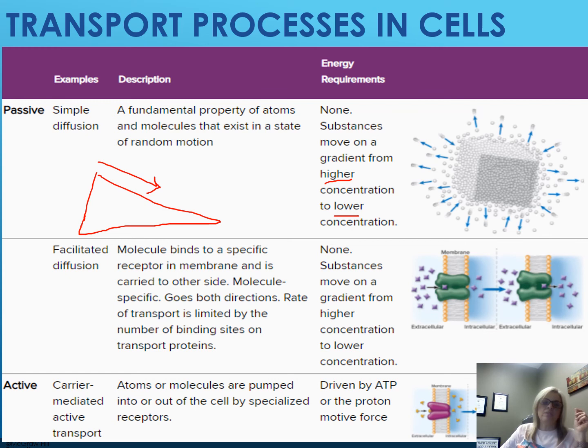Now, facilitated diffusion you want to watch out for, because this is the one most frequently misunderstood, because you're thinking because it's using this carrier molecule here that it is active, but it is not. So you've got to pay attention to high concentration to low concentration. So facilitated diffusion just means you need a little extra help getting in, okay? And so a molecule might bind to a receptor here in the membrane, okay?